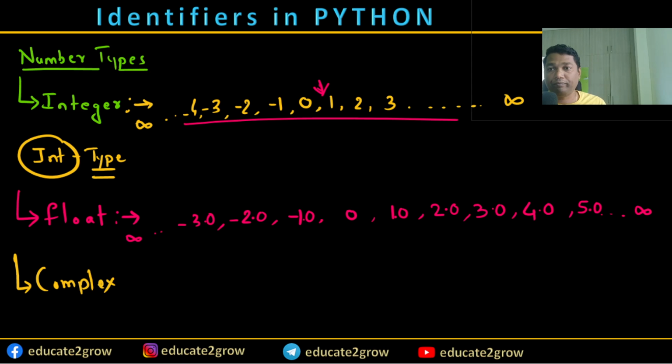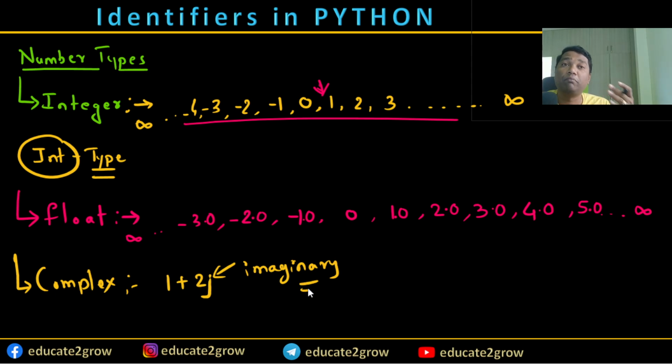So the complex number always comes with j. For example, 1 plus 2j. j is the imaginary number. This will be used most of the time in mathematical calculations in programming. So that's where complex numbers come into the picture. If you put any number followed by j, that belongs to the complex.